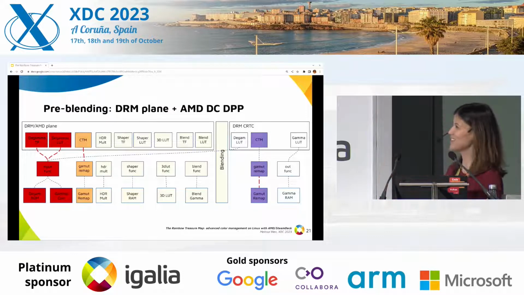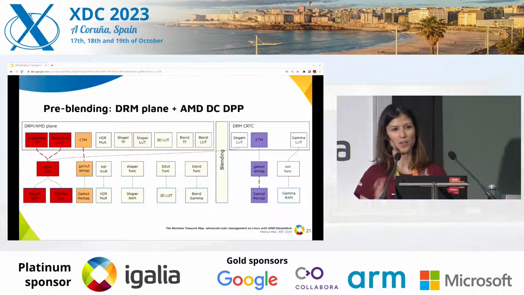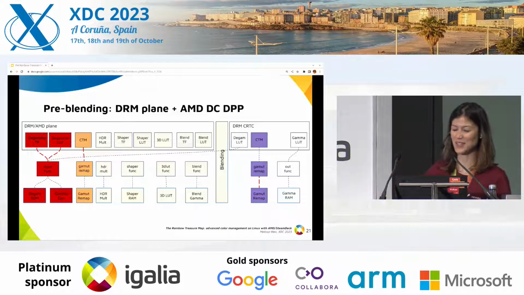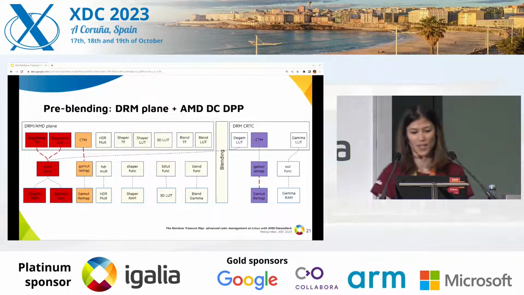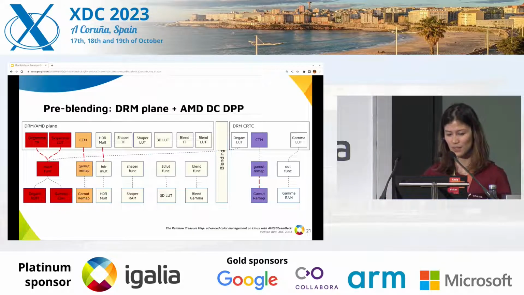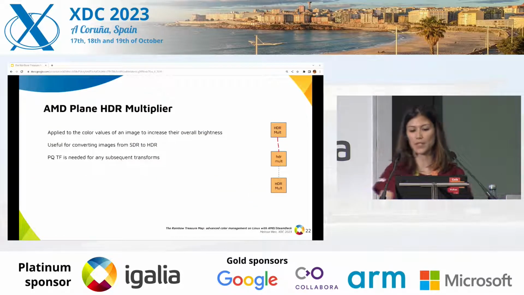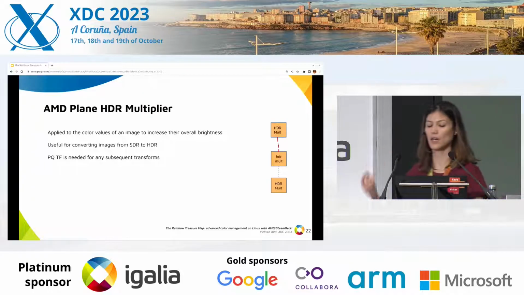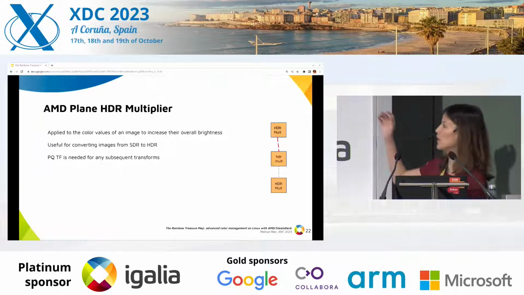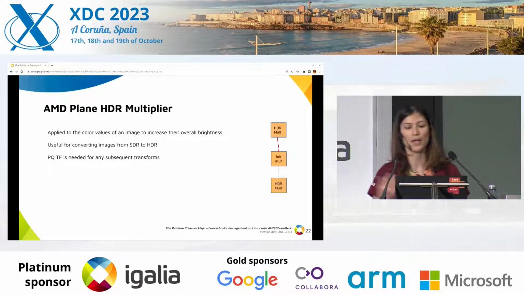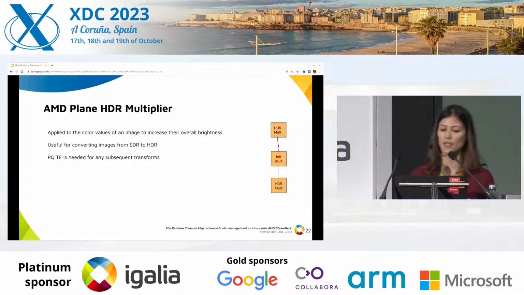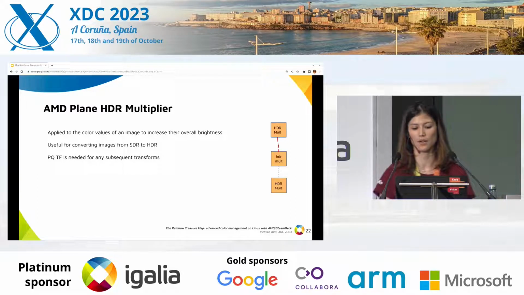Next, the HDR multiplier. It's a factor applied to the color values of an image to increase their overall brightness. It's useful for converting images from standard dynamic range to high dynamic range, HDR, and it can range beyond 0 and 1, so subsequent transforms need to use PQ transfer functions.